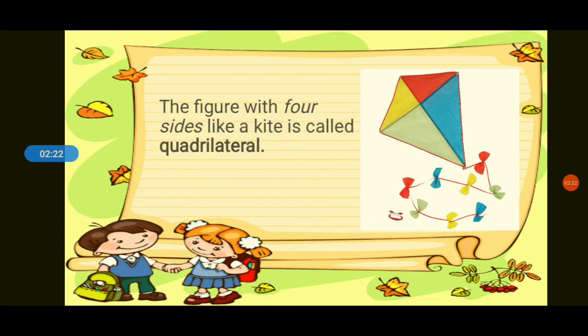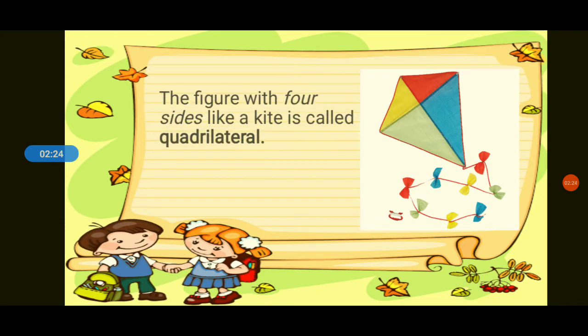Okay, now the figure with 4 sides, like a kite, is called quadrilateral. So a kite is a quadrilateral. Why? Because kites have 4 sides. So if the figure has 4 sides, then it is called quadrilateral.